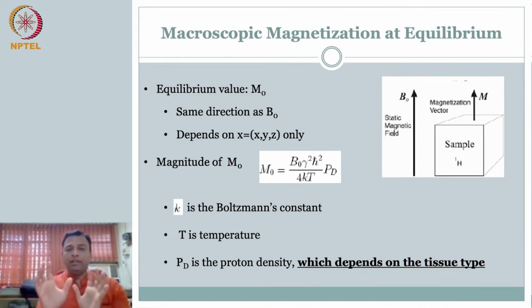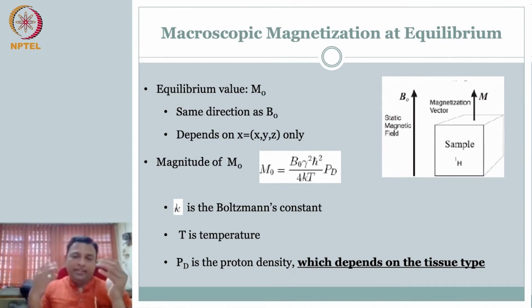You have to be careful with the jargon when people use it. Proton density strictly means how many protons are there in that volume, positively charged. But in biomedical MRI, the first importance is mostly hydrogen. It is somewhat not said, but it is essentially the amount of hydrogen nuclei that is there, the density.